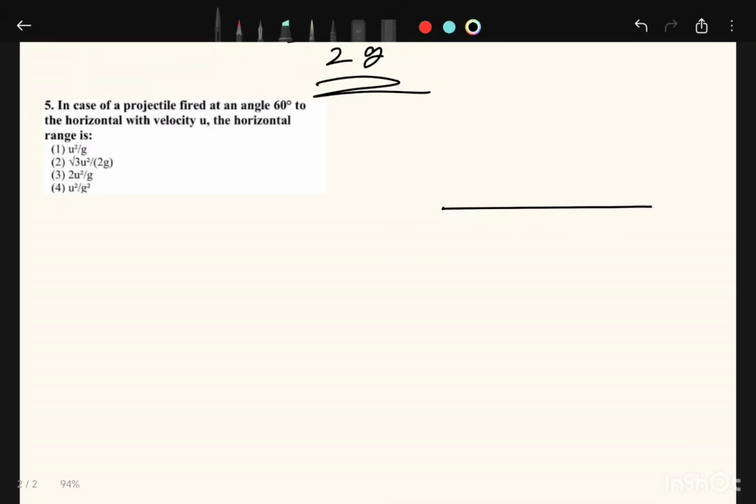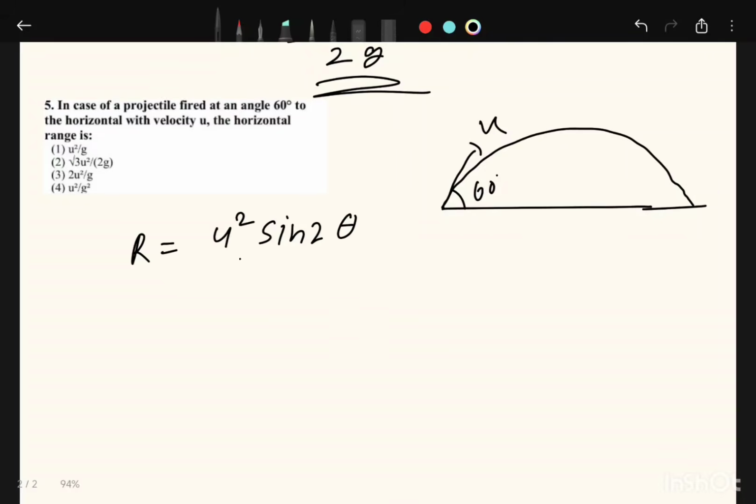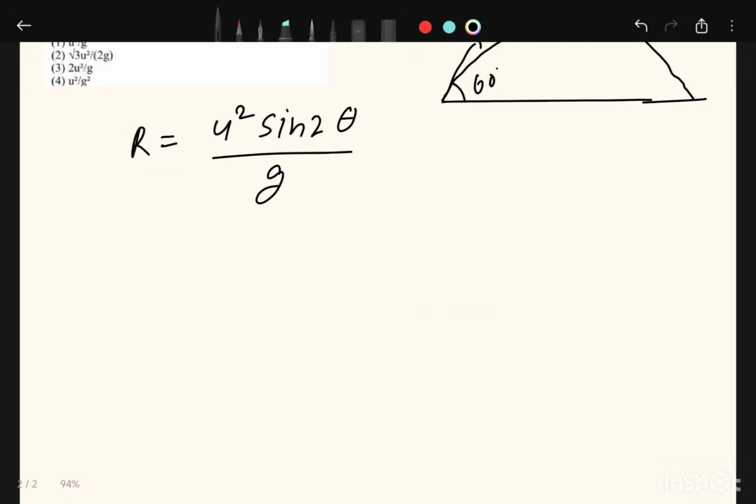So let's suppose your initial velocity is u and the angle made with the horizontal axis is given as 60 degree, right? And you have to find the horizontal range, right? Range formula we know is u square sine 2 theta by g, right?